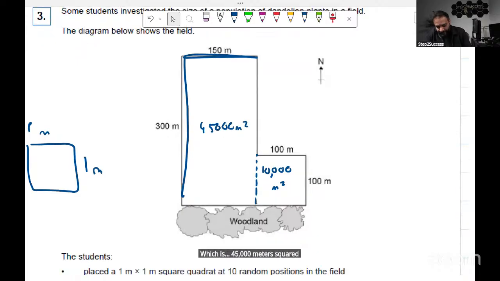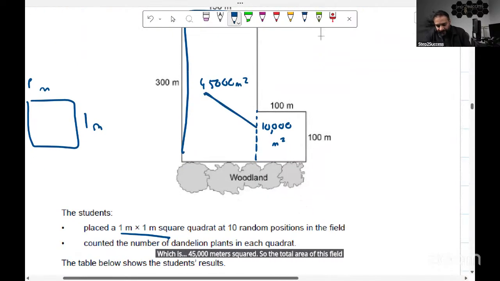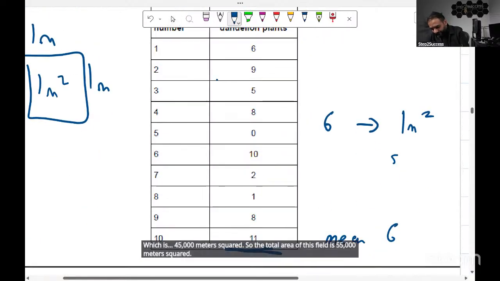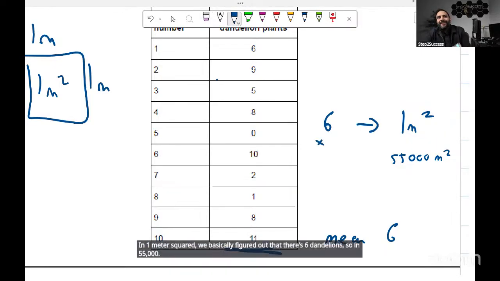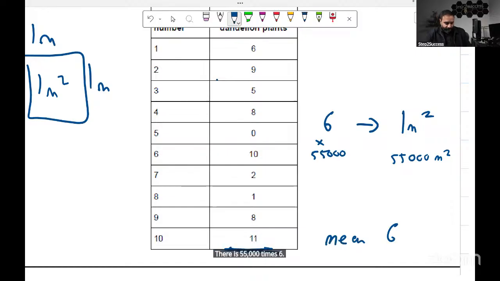So the total area of this field is 55,000 meters squared. In 1 meter squared, we basically figured out that there's 6 dandelions. So in 55,000, there is 55,000 times 6, which is 330,000. A lot of dandelions.